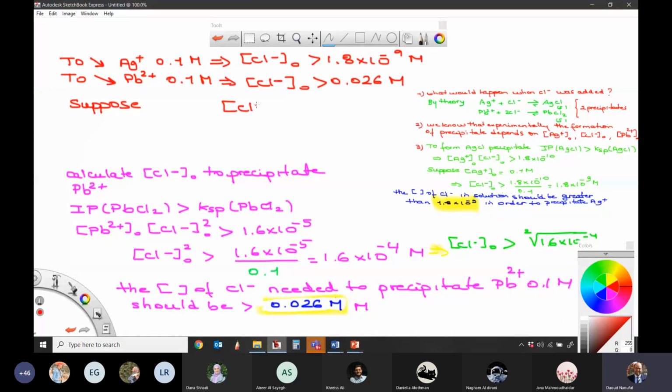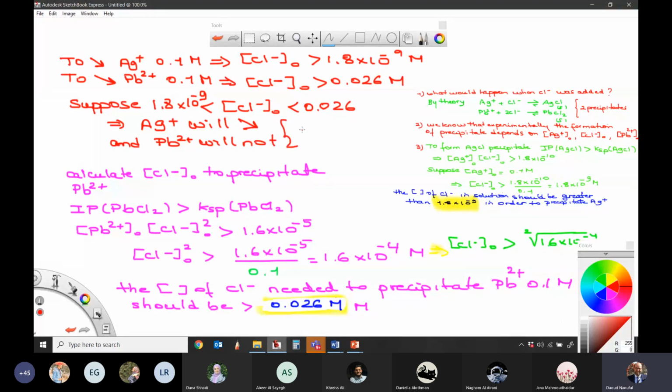Suppose the Cl- you add initially in the solution is between 1.8 10 minus 9 and 0.026, implies Ag+ will precipitate and Pb2+ will not. So as a conclusion, we separate Ag+ from Pb2+.